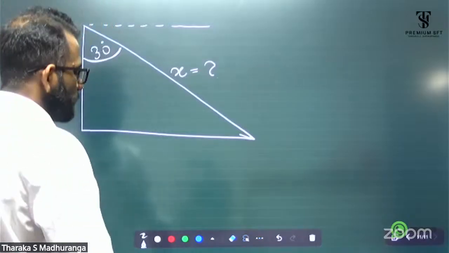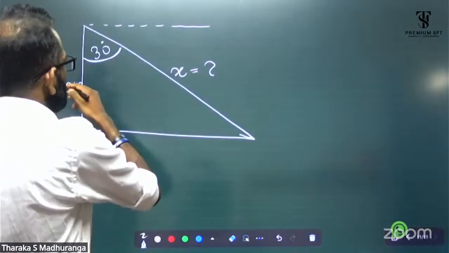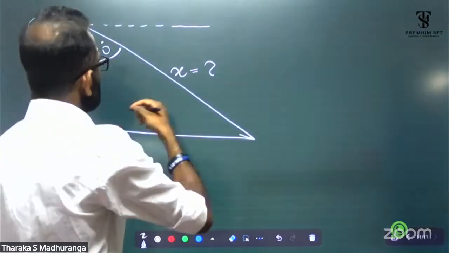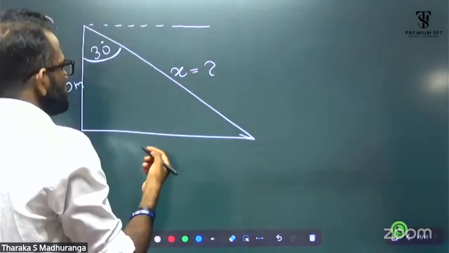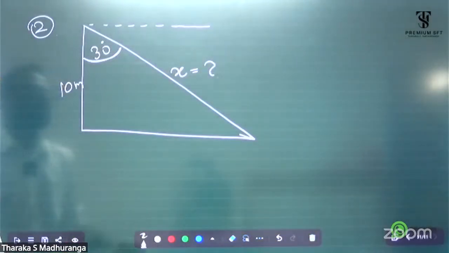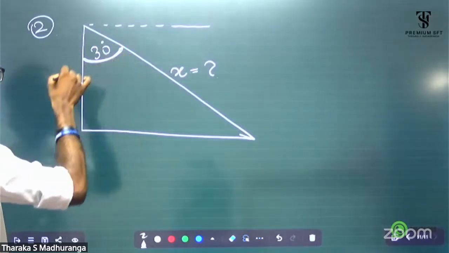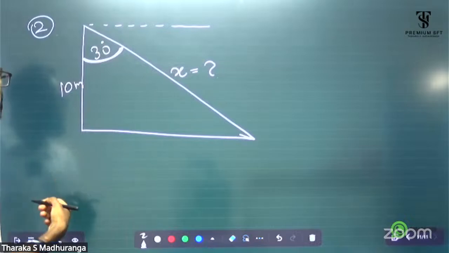Yes, 11 point value or 20 over root 3. Okay, what is the trigonometric ratio? Sine, cos, or tan? If you think of this angle, this is adjacent.